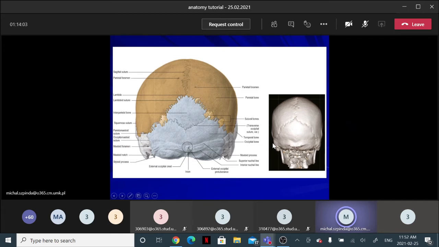Because of this, here we have numerous separate sutural bones, or Wormian bones. And just here we can see the external occipital protuberance with its inion and external occipital crest.